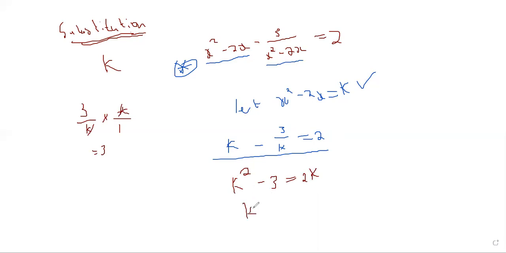It will be k squared minus 2k minus 3, because you are taking the 2k to this side, equal to 0. So it's in standard form. Then from here, we simply use difference of 2 squares, and then you find the answer. So from there, what we simply do, let me erase this.